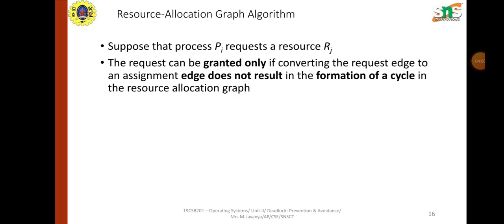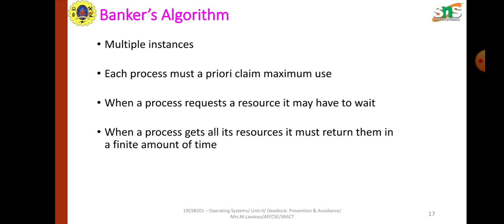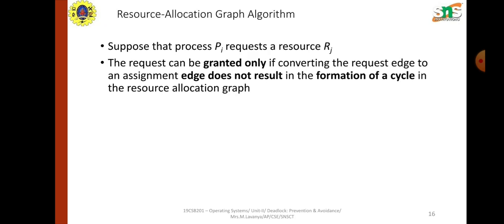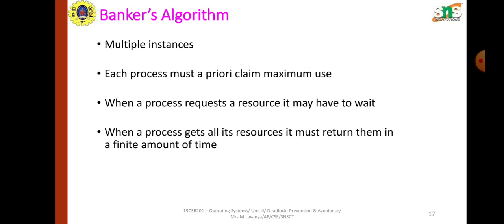Suppose the process Pi is requesting a resource Rj, the request can be granted only if converting the request edge into an assignment edge does not result in the formation of a cycle in the resource allocation graph. If the cycle is getting formed, then there is a possibility of occurrence of deadlock. So before allocation, we must ensure no cycle is getting formed. That RAG is for single instance of resources.